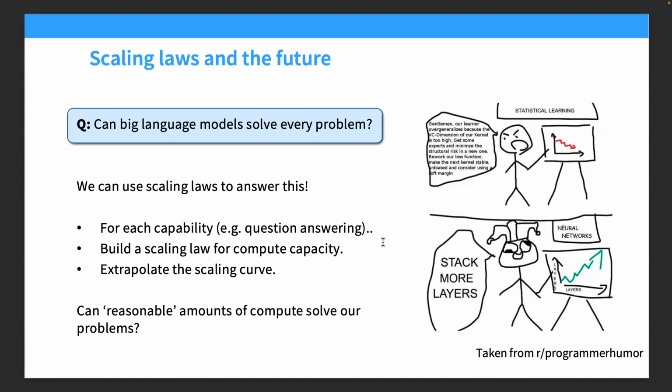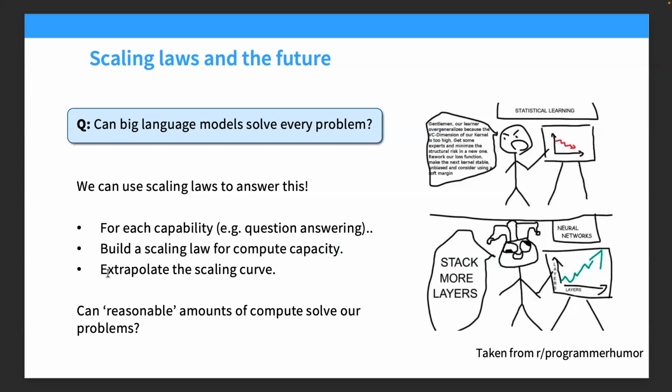So for each capability, like question answering, translation, SAT testing, or coding, we can actually build a scaling law with respect to the data size, model size, etc., and also the compute resources.